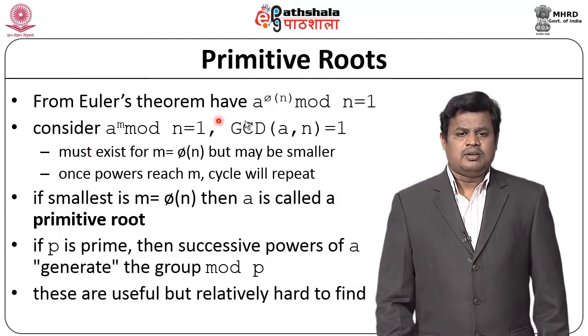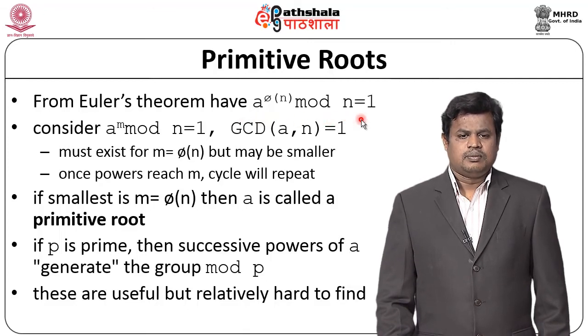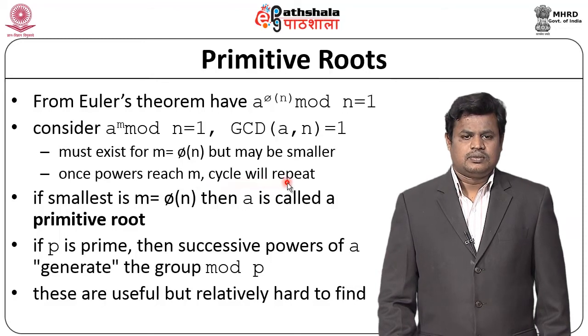So what is this primitive root? From Euler's theorem, we know that a power phi of n mod n is equal to 1. Considering a power m mod n equal to 1, with GCD of a comma n equal to 1, it must exist for m equal to phi of n, but may be smaller. Once the power reaches m, the cycle repeats.